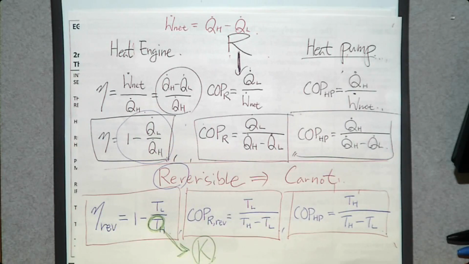So when you have a heat engine to produce power, this is how you determine its performance. The efficiency of an actual heat engine can be determined by this one. Then what is the maximum possible efficiency? Use this one. So this one should always be greater than this one.